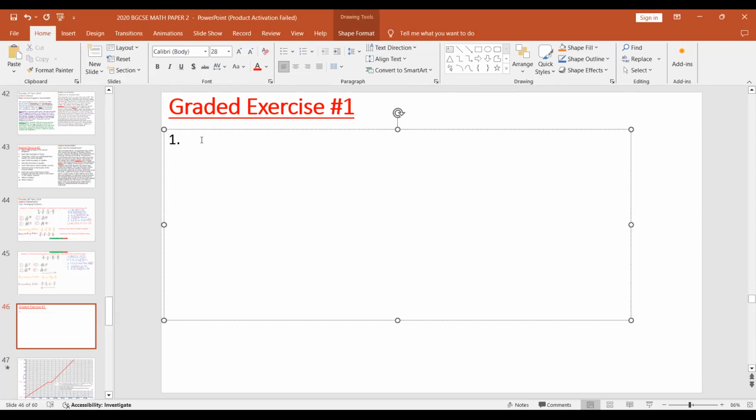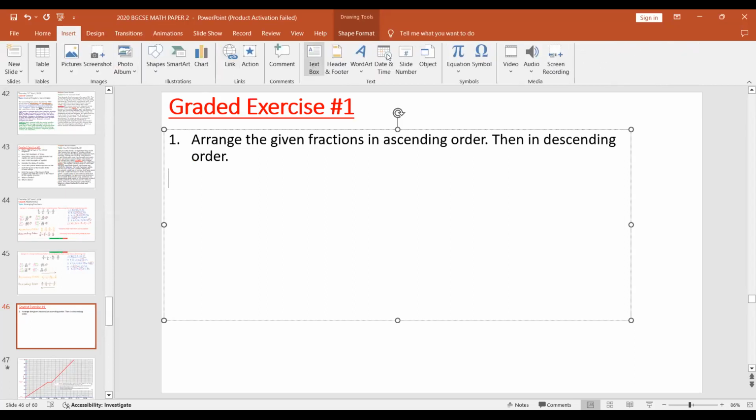1, arrange the given fractions in ascending order. Write this down for me, please. Then in descending order. What are the fractions we're looking at?